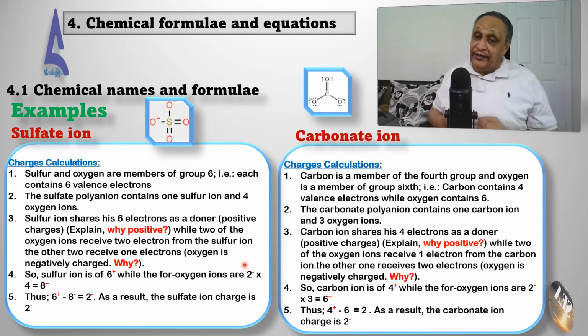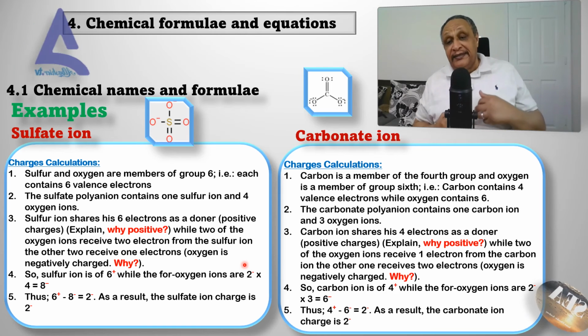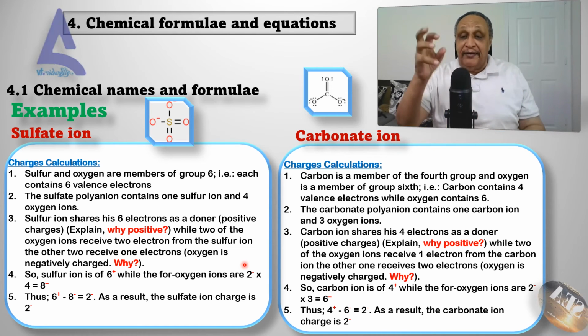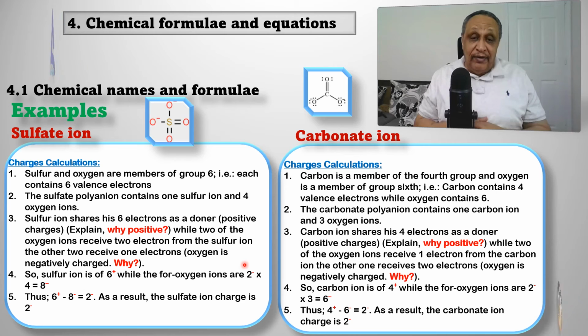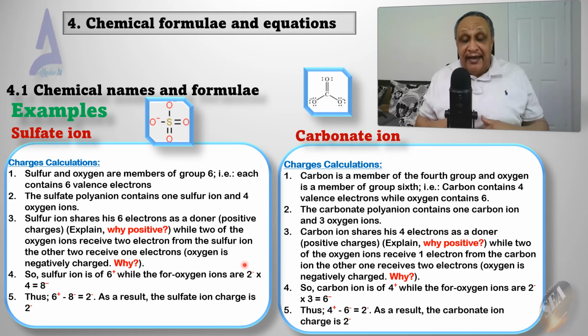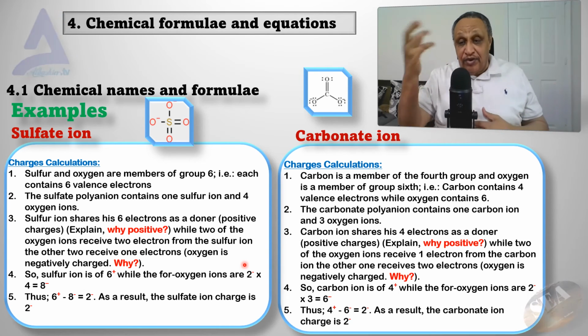of the electron. Why? Because oxygen is on top of the group 6, while sulfur comes after it, and this makes oxygen more energetic.